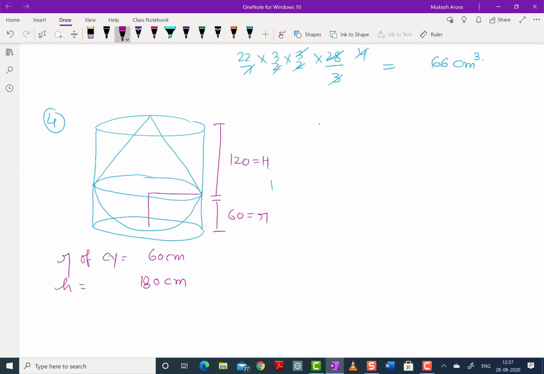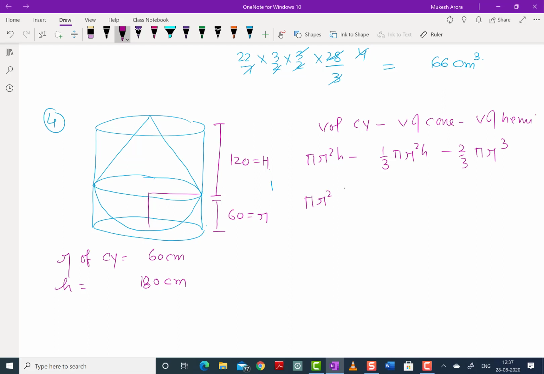So that is the volume of cylinder minus volume of cone minus volume of hemisphere. Volume of cylinder is pi r square h minus 1 upon 3 pi r square h minus 2 by 3 pi r cube.